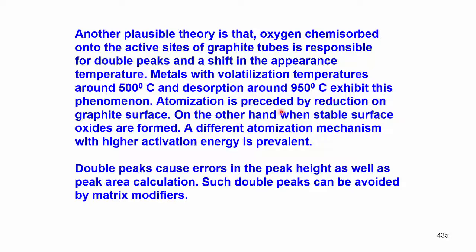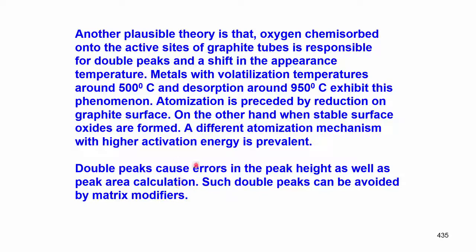So, atomization is preceded by reduction on the graphite tube surface. On the other hand, when stable surface oxides are also formed, in that case signal will become very weak. A different atomization mechanism with higher activation energy could be prevalent. It is not known exactly what are the real causes, but the fact remains that double peaks cause errors in the peak height as well as peak area calculation.